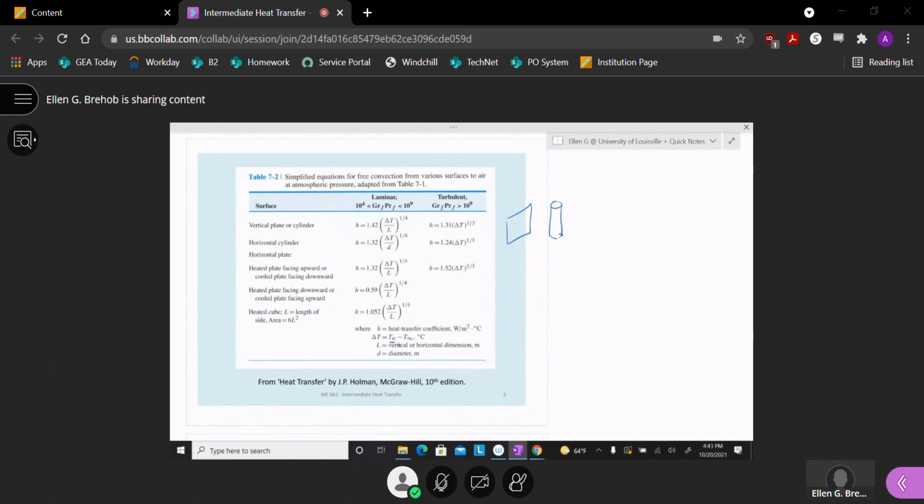It's got a heat transfer coefficient, and it's written as some constant, some exponent n, and then we've got a characteristic length to worry about too, but it's got the delta T. My only reason for showing you this is so you believe this idea that it is possible to write a free convection heat transfer coefficient in terms of some constants and an exponent, and then this temperature difference.